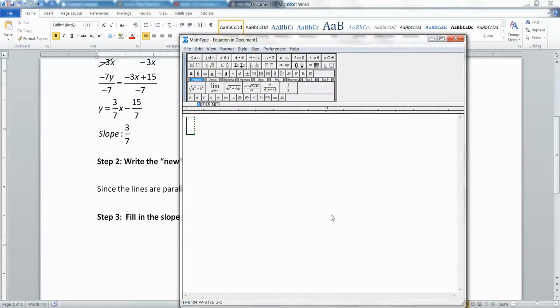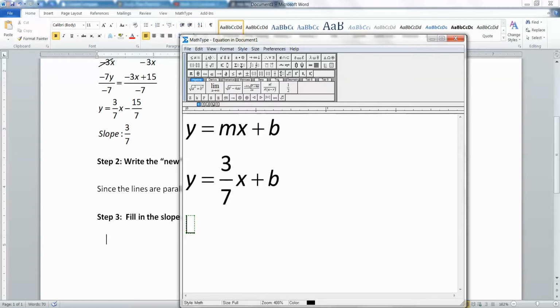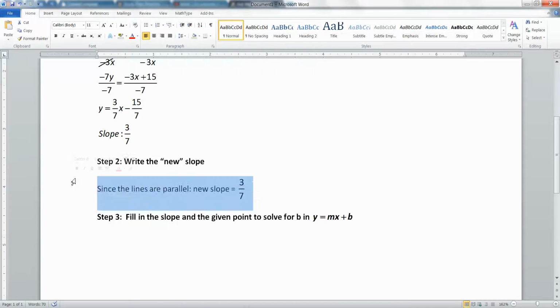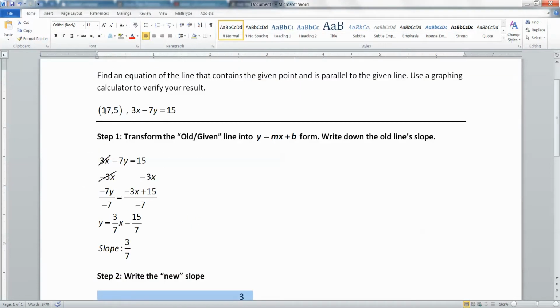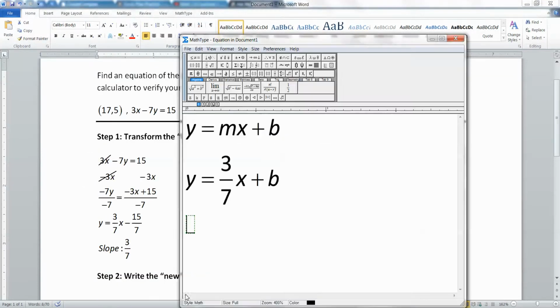We're going to say, okay, it's y equals mx plus b, but I know that that is y equals 3/7 x plus b. But I know a y and an x because they gave me a point. I know y is 5 when x is 17. So it's 5 equals 3/7 times 17 plus b.